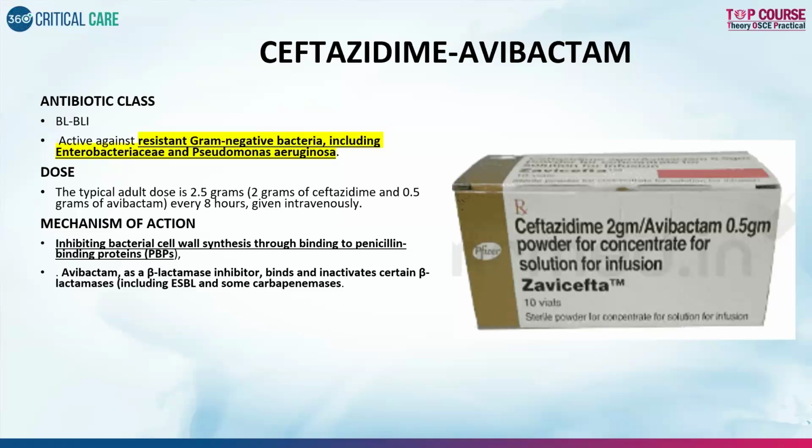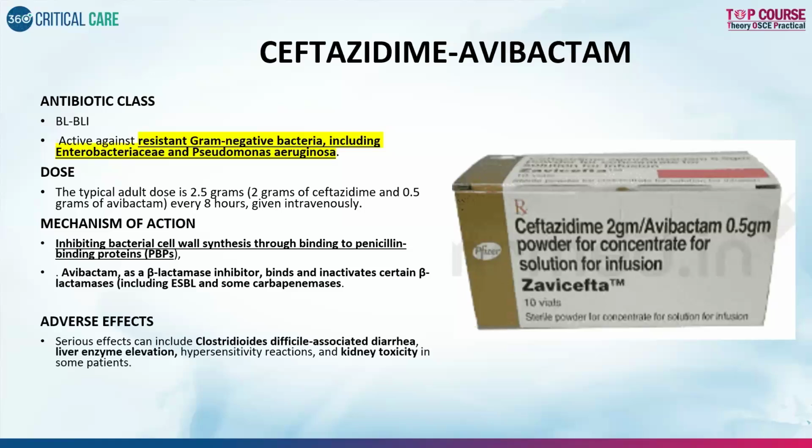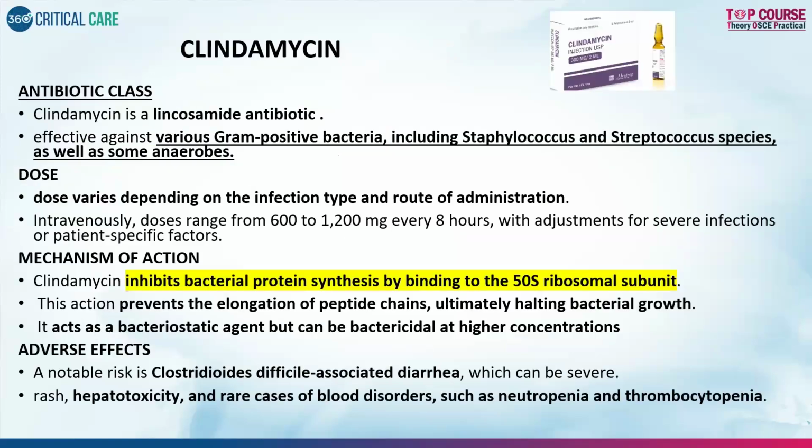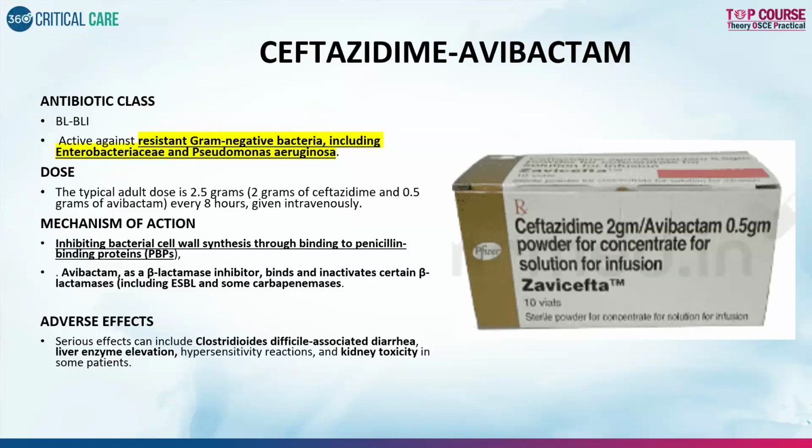It causes cell wall synthesis inhibition, binding to the penicillin binding proteins. The avibactam is a beta-lactamase inhibitor. It is known to cause hypersensitivity reactions, transaminitis, and C. diff diarrhea.